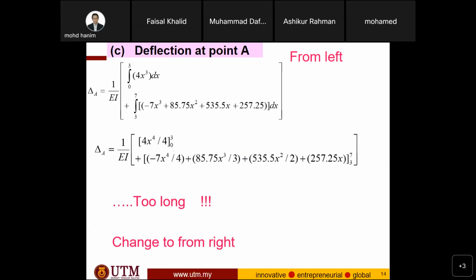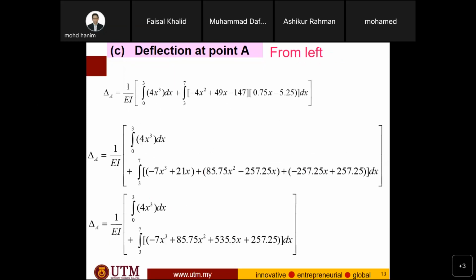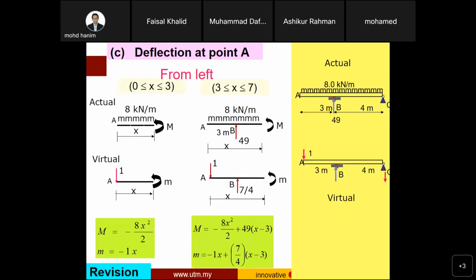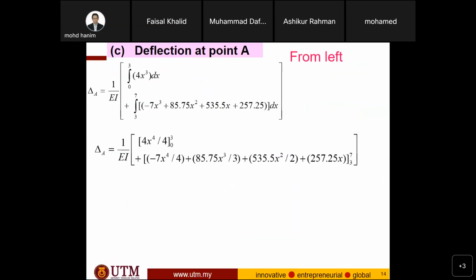Now this is from the left; you can change to go from the right. For this one, going from the right, it is shorter, but I think it is not given here. It is for your homework.